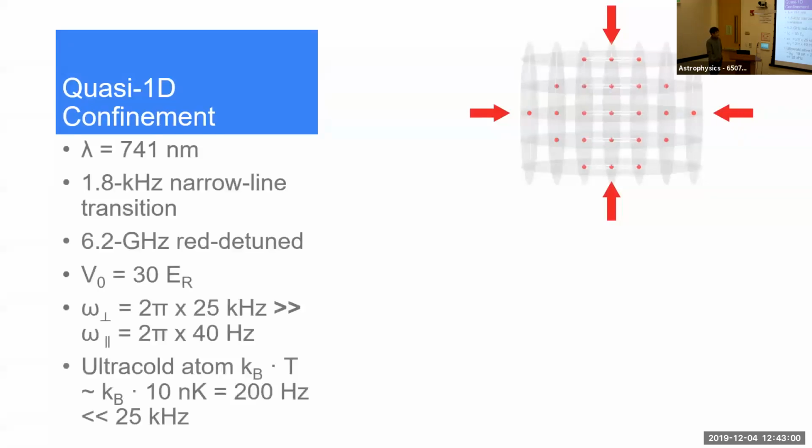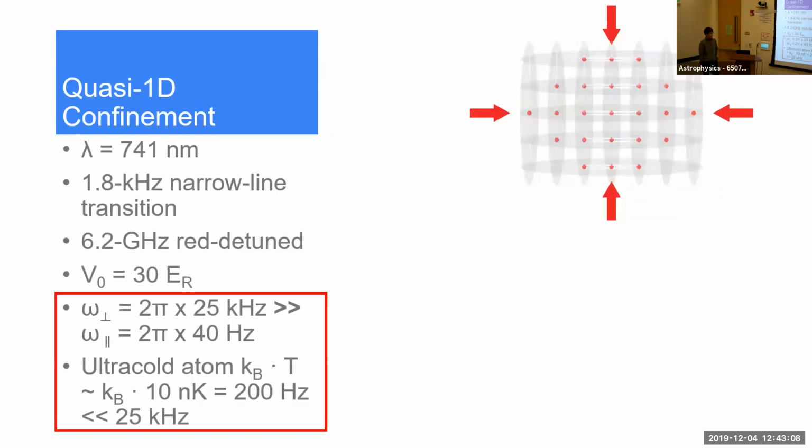And here I'm showing some parameters for the optical lattice experts in the audience. However, what you really need to pay attention to is the trap frequency. The transverse, or Y and Z, trap frequency in this case is about 25 kilohertz, which is much, much larger than the trap frequency along the tube, which is only 40 hertz.